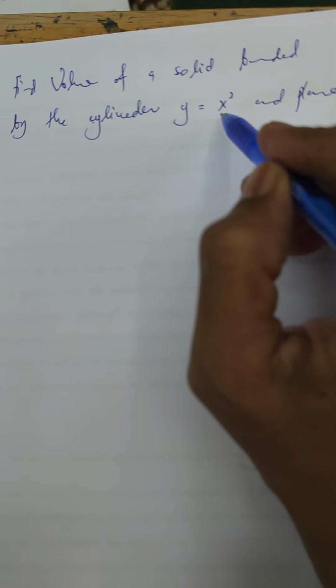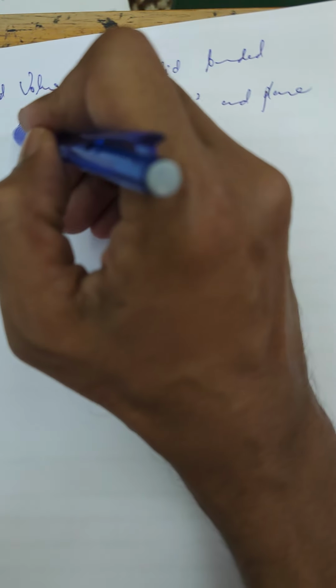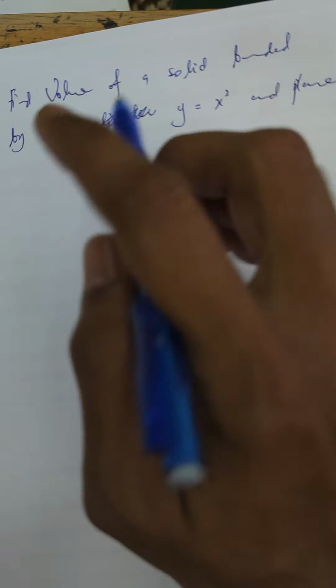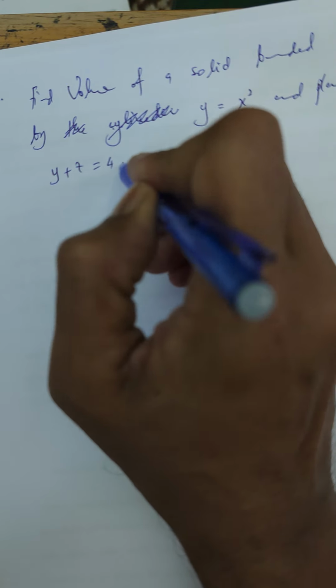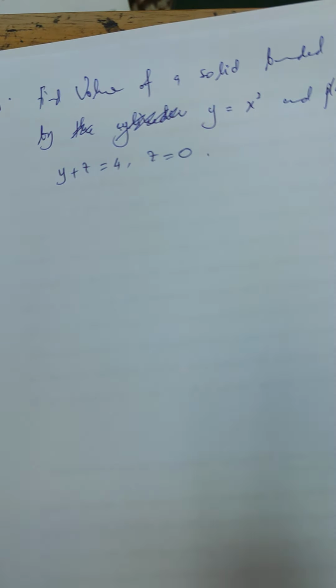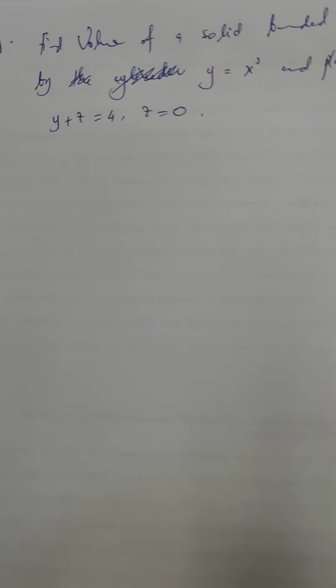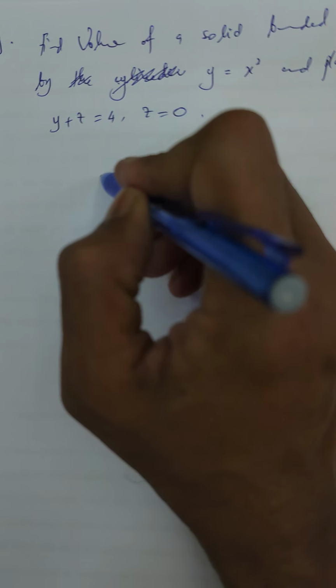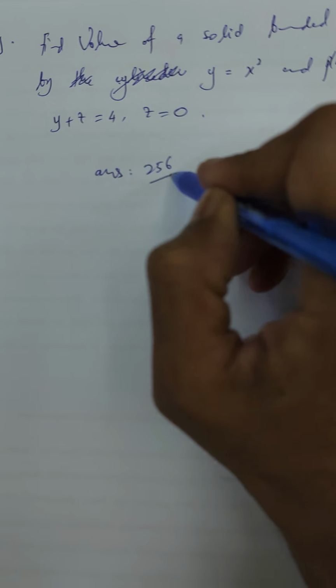This is not a cylinder, just ignore that. Bounded by this curve y equal to x squared plus the plane y plus z equal to 4 and z equal to 0. For this I have a solution. The answer is 256/15.